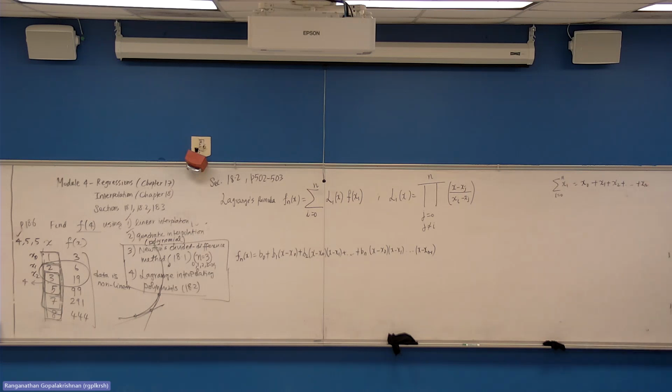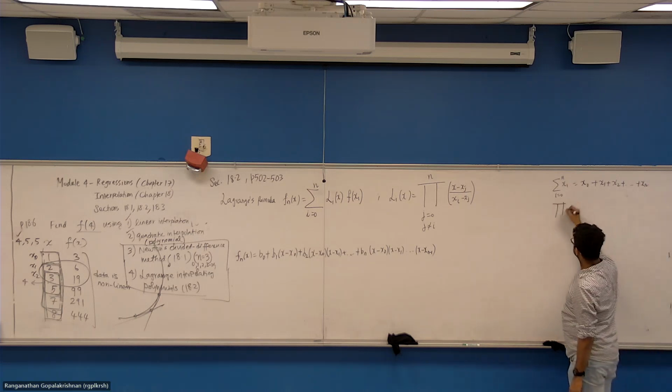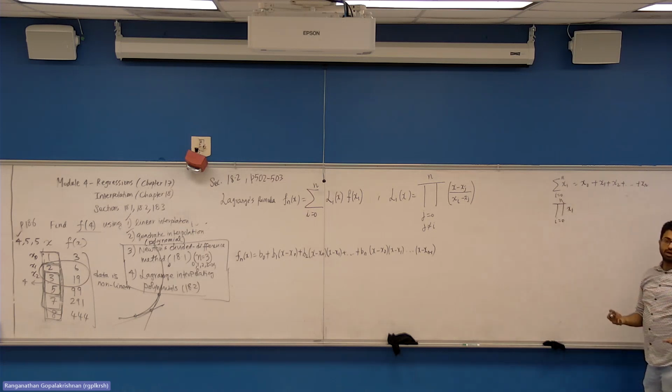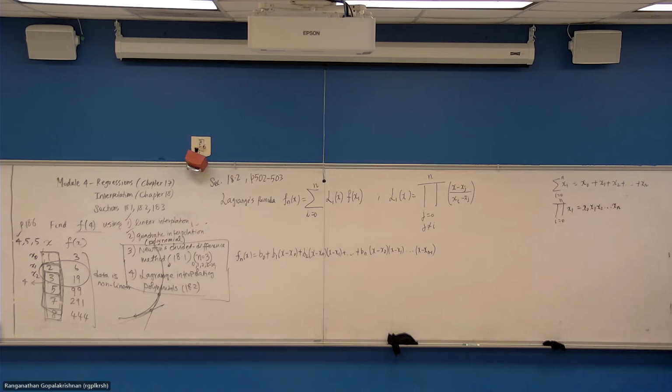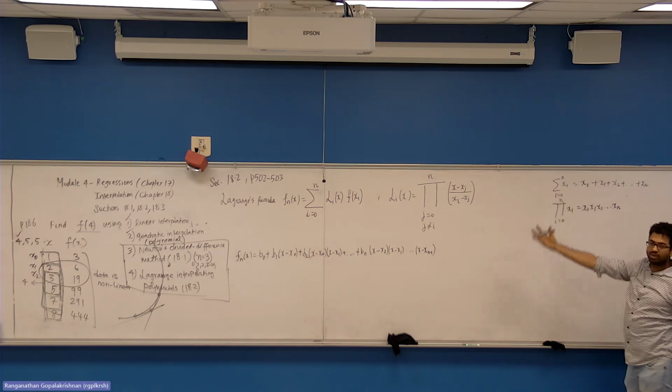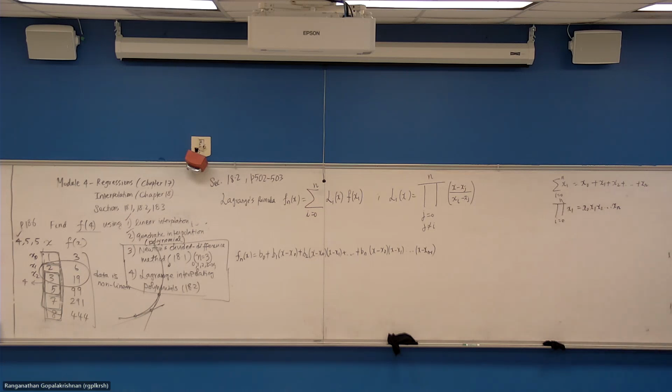When I write pi, i equal to 0 to n of xi, I am implying the product: x naught times x1 times x2 multiplied with xn. The symbol pi is used to denote a product, whereas sigma is used to denote a sum. Product of n plus 1 numbers, versus sum of n plus 1 numbers.